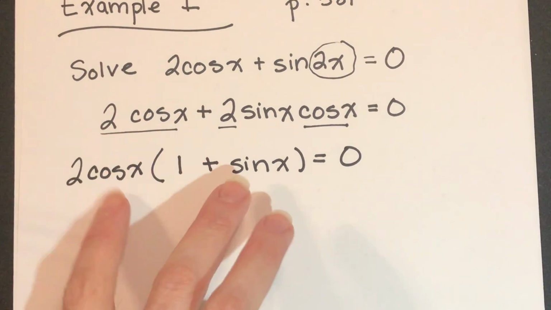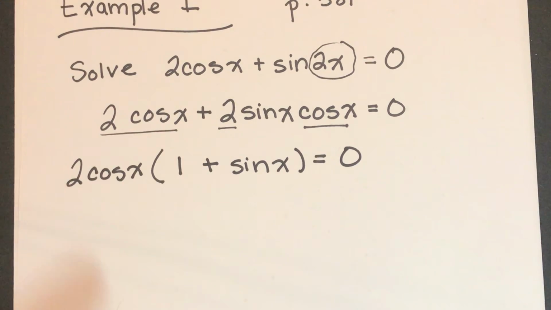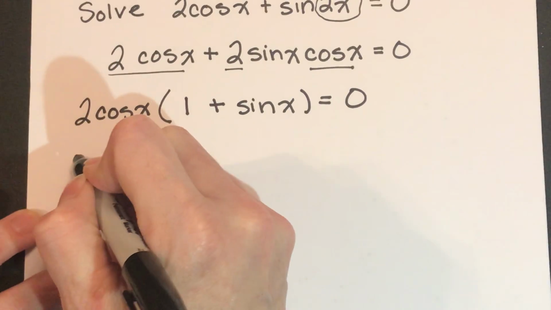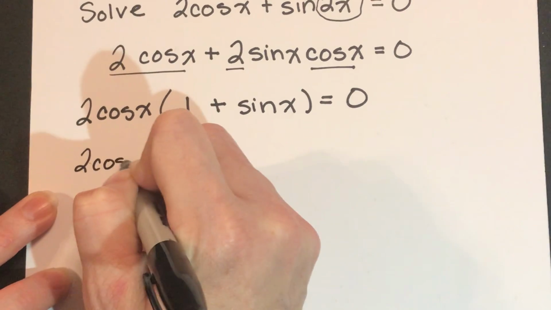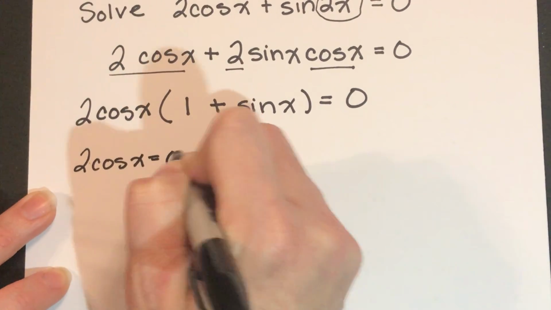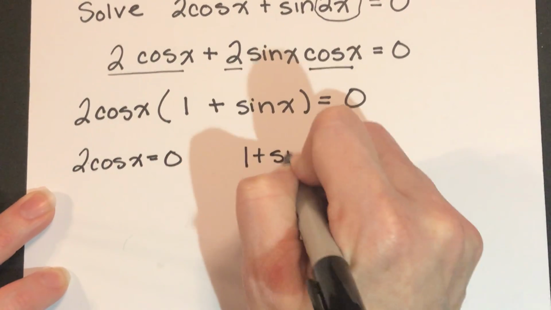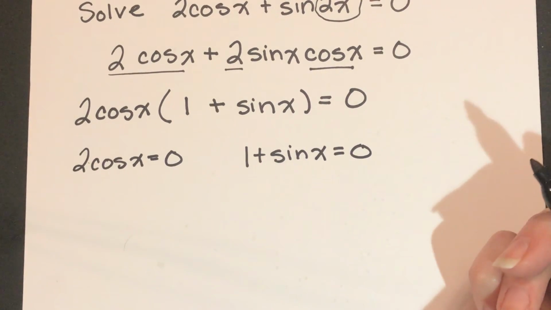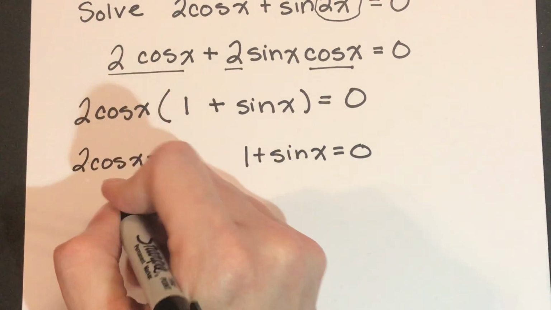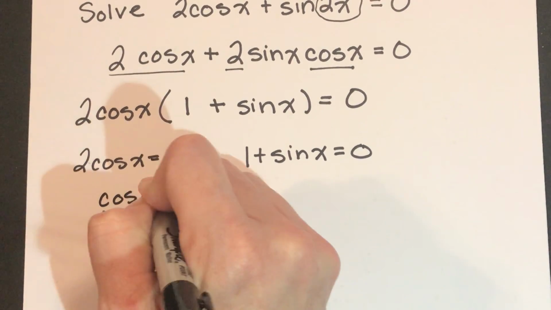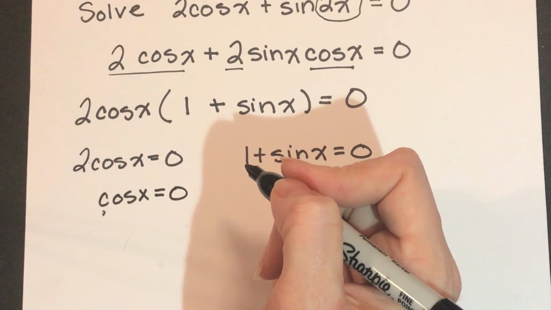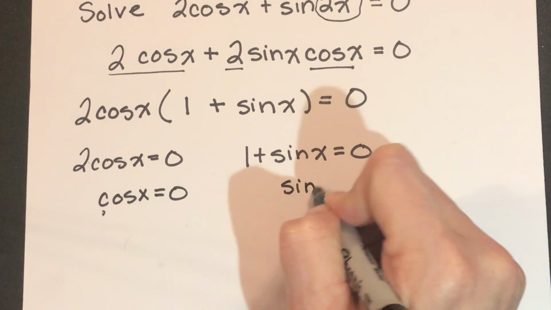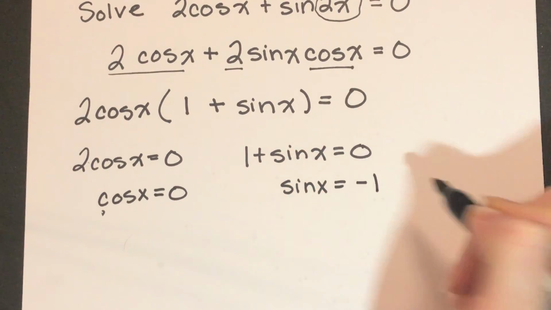Now we take each of these parts and make them equal to 0. So 2 cosine x equals 0, and 1 plus sine x equals 0. When we divide by 2, we get cosine x equals 0, and when we subtract 1, we get sine x equals -1.